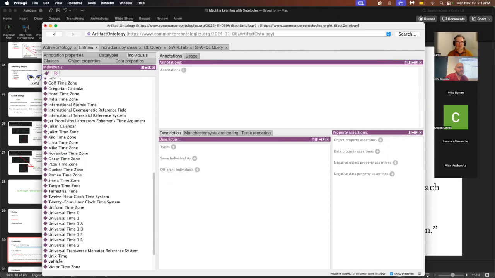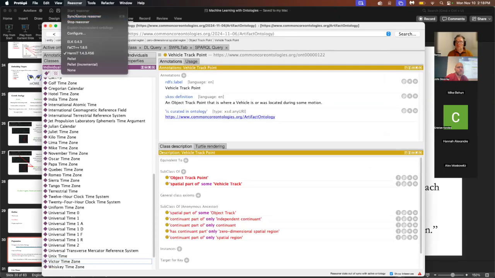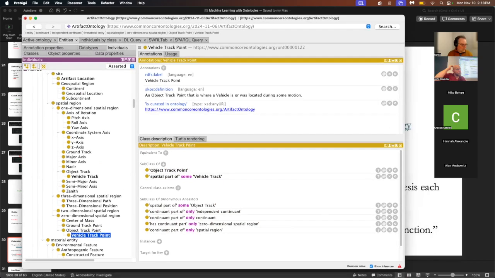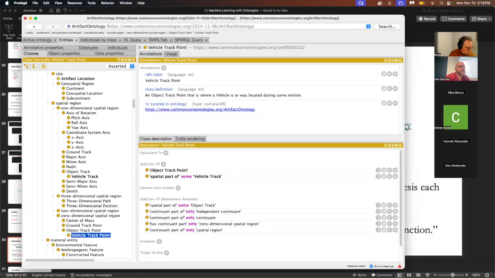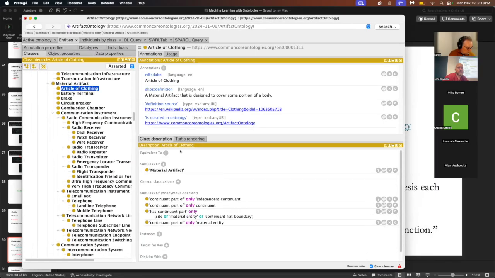What else we got? The second one was just about when you look down the entire list of all the subclasses of material artifacts, all their textual definitions start off with a material artifact that is designed.